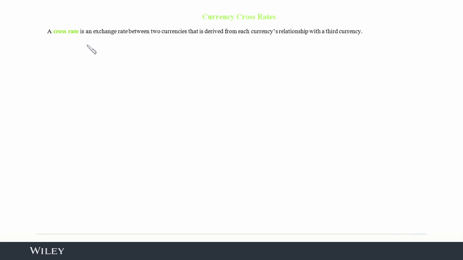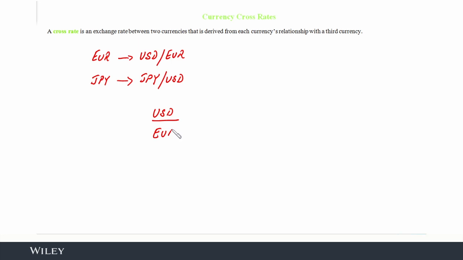Now, for example, in the table earlier, which contained all foreign exchange market quotation conventions, two of the major exchange rates quoted in the market were EUR, or the euro exchange rate, which represented US dollars per euro, and then you had the JPY, or the Japanese yen exchange rate, which quoted the price of USD in terms of JPY, or JPY per USD.